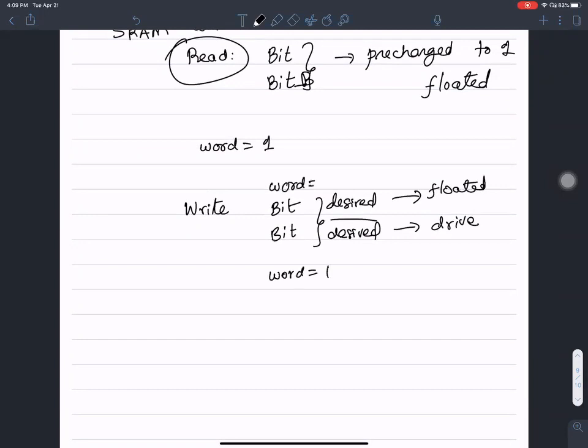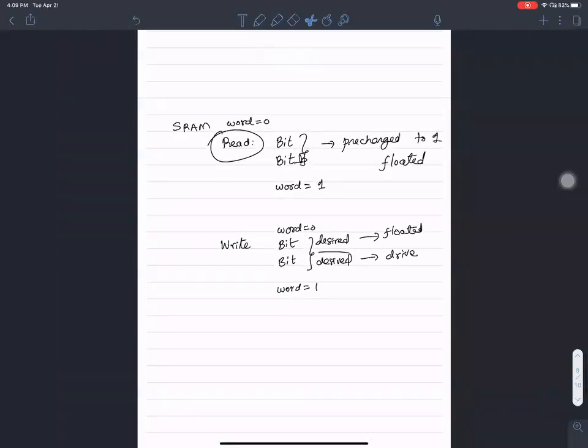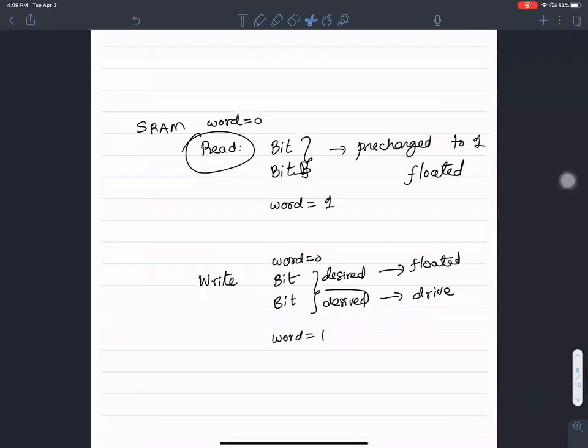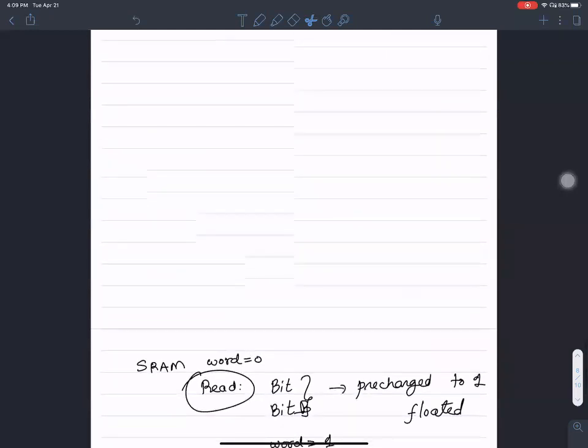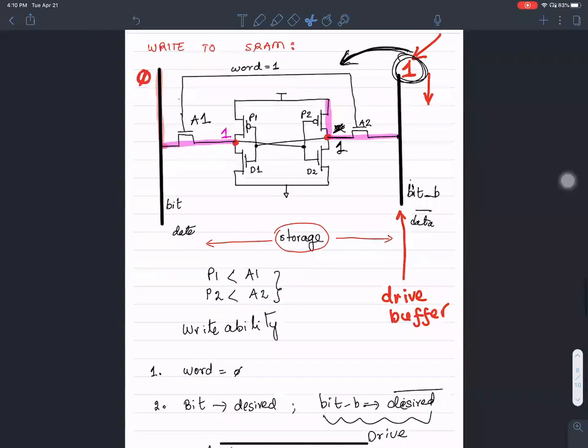Initially word was 0. When that happens, the value is written, and by ensuring that the NMOS transistors are larger in size than the access transistors, which in turn are larger than the PMOS transistors, we ensure read stability and writability. So that's the idea of reading and writing from SRAM.